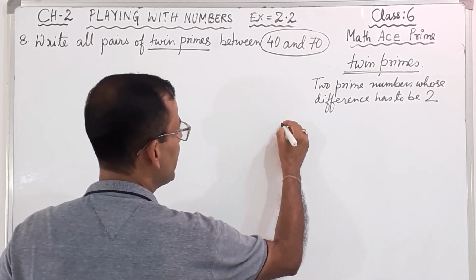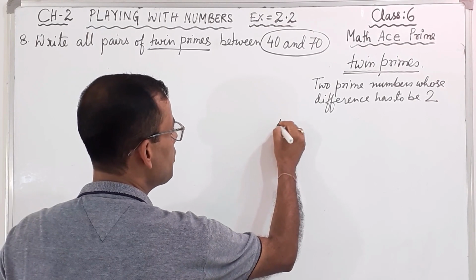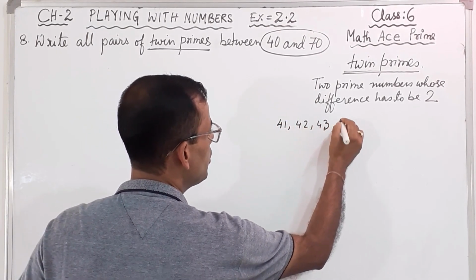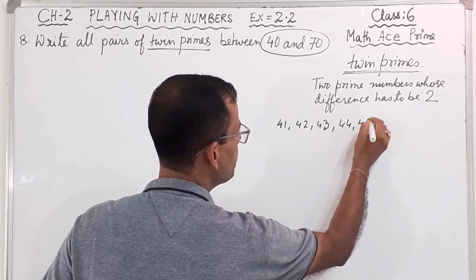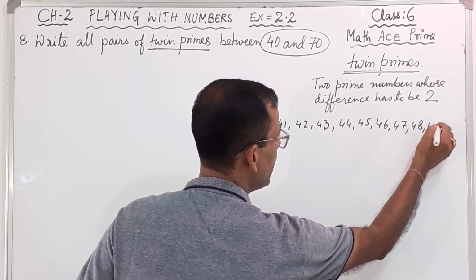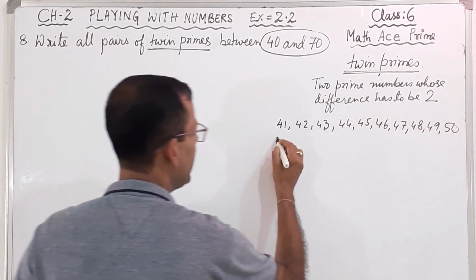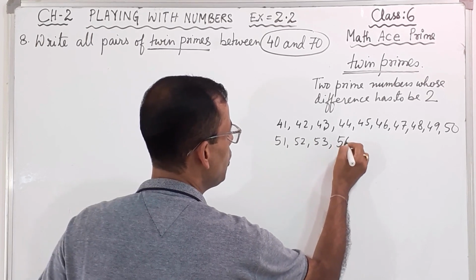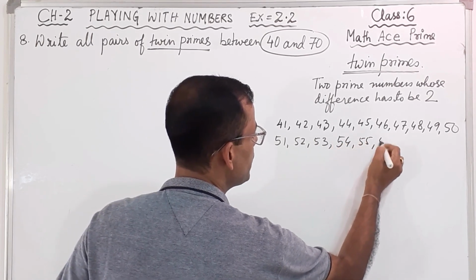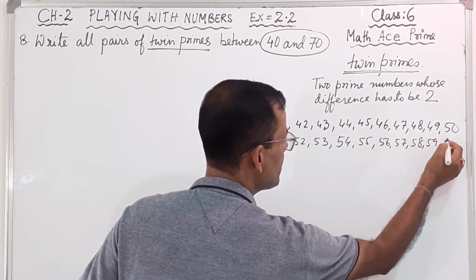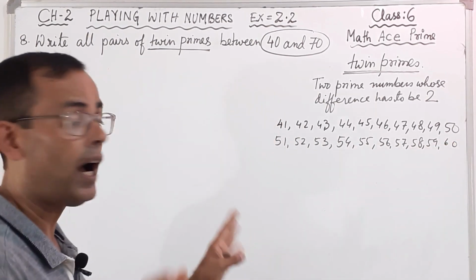So let us write, after 40, what comes? 41, 42, 43, 44, 45, 46, 47, 48, 49, 50. Again here 51, 52, 53, 54, 55, 56, 57, 58, 59, 60. I am showing you how to find out.